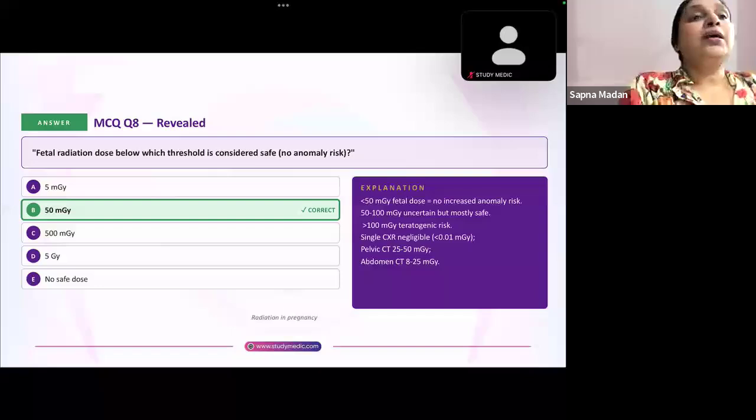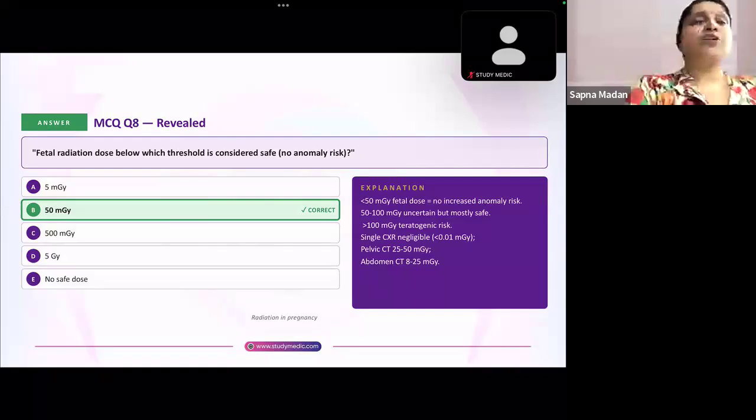Between 50 to 100 is considered uncertain, but mostly safe. More than 100 carries a teratogenic risk. A single X-ray exposure is less than 0.01 milligrays. In pelvic CT, it is around 25 to 50 milligrays, and in abdominal CT, around 8 to 25 milligrays.